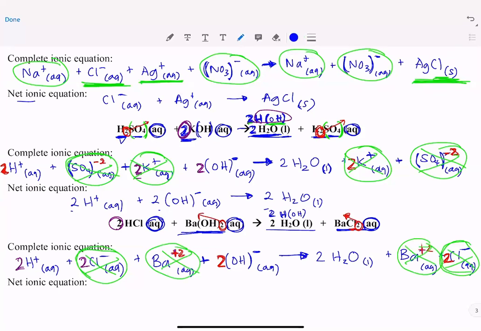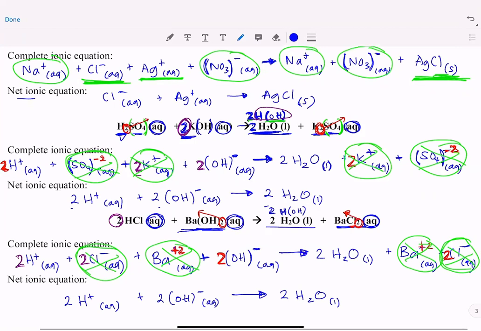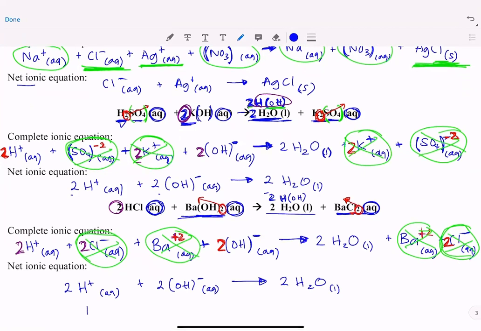And in the net ionic equation, what carries down is 2H plus AQ plus 2OH minus AQ. And then on the other side, you've got the 2H2O. That would be your net ionic equation, which, because those are all 2s, you could reduce down, and I'll write this one this time.